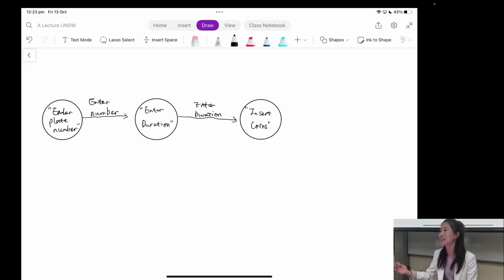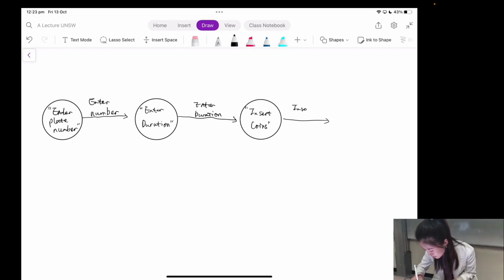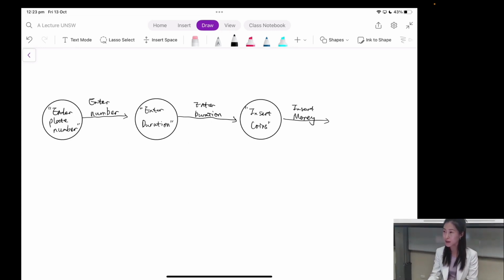What is your next event to trigger it to transit to another state? Give it money, right? Insert money. So you may insert $1, $2, like insert money. And then they may tell you confirmed.